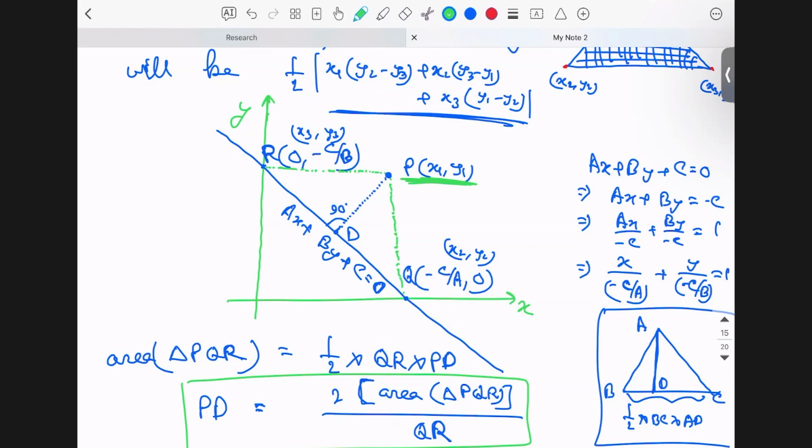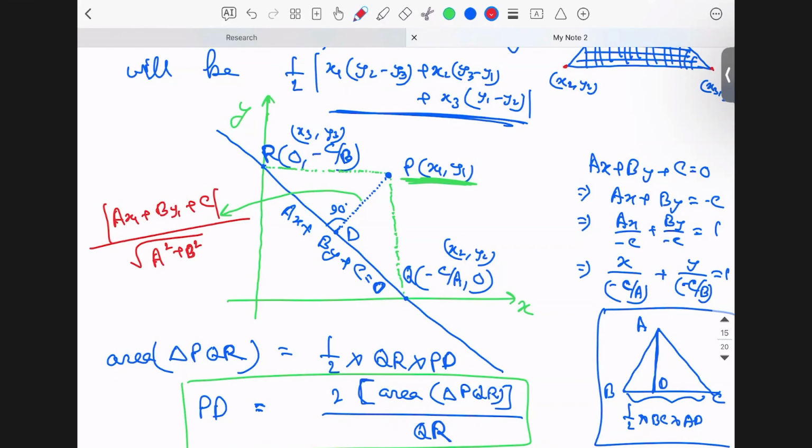Whatever we have done here, this length was mod of ax1 plus by1 plus c divided by root over a square plus b square. Okay, so this is the shortest distance, or you can say the perpendicular distance from the point P to the straight line.